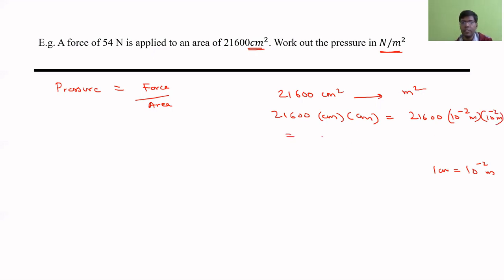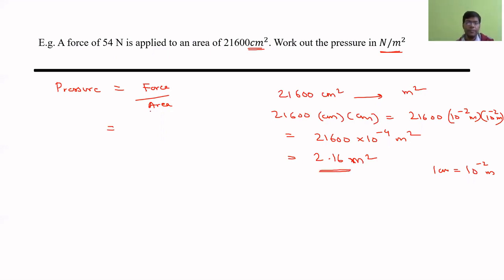So this is 21600 multiplied with 10 power minus 4 meters square. If I take the decimal point 4 units inside, I'll get 2.16 meter square. So this is my area in meter square.